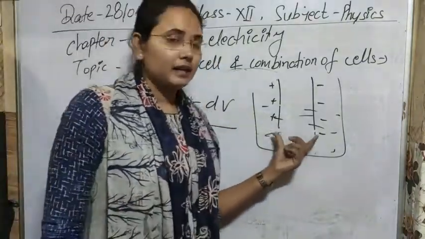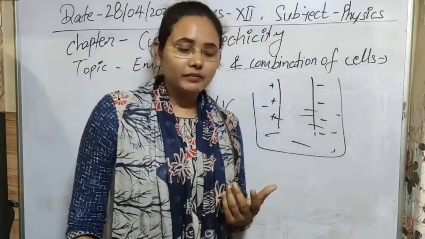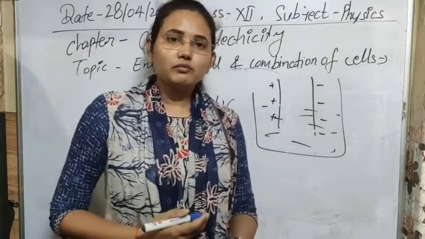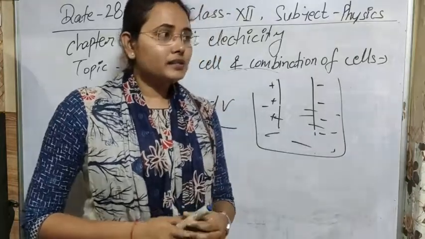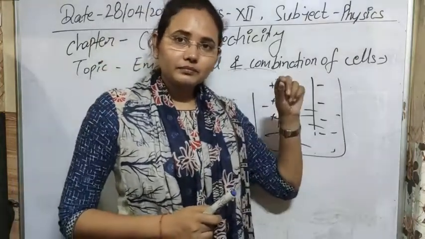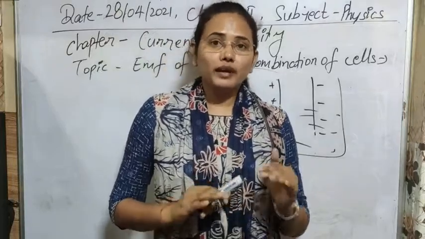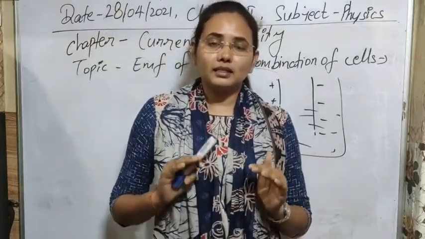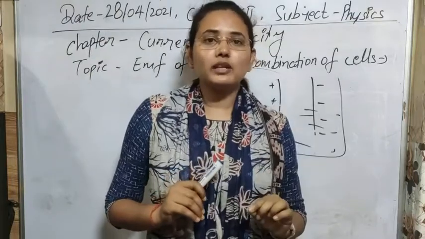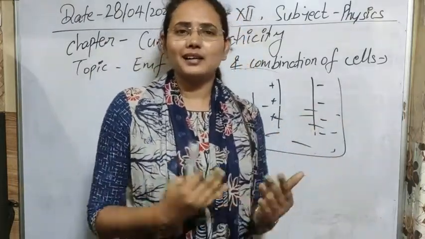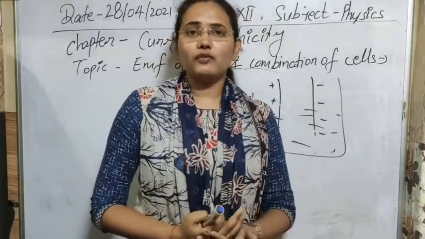But EMF is always related to some kind of source. It is a special case of the potential difference when no current is drawn from any cell. At that time I should be 0. We are not taking any current, we are not closing this circuit, current is not flowing through it.